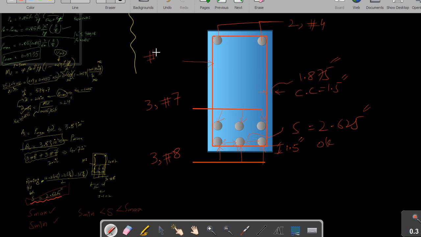Let's say this is number 3 at the rate of 12 inch center to center. This is all about my final diagram, and the vertical spacing between these two bars, it must be remembered, is 1.33 inches, or it may be 1 inch. So this is all about the final cross section of the beam.